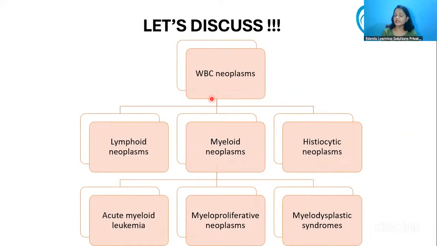We have the lymphoid neoplasms, which include acute lymphoblastic leukemia and chronic lymphocytic leukemia. Then we have the histiocytic neoplasms, which include Langerhans cell histiocytosis. And the third, the myeloid neoplasms, which include acute myeloid leukemia, chronic myeloid leukemia, the myelodysplastic syndromes and so on.